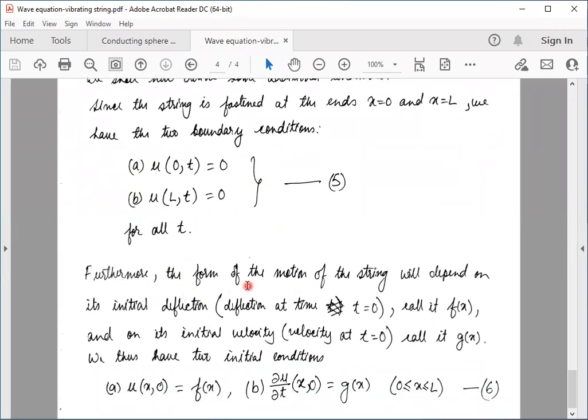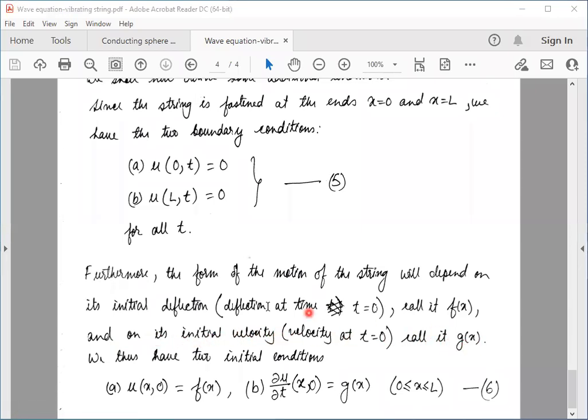Furthermore, the form of the motion of the string will depend on its initial deflection, that is, the deflection at the time t equal to 0. Let us call it f of x. And its initial velocity, let us call it g of x.